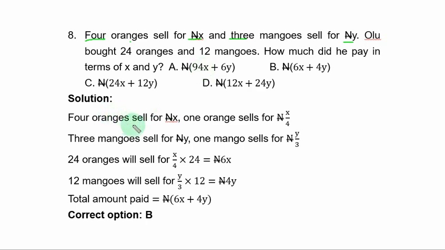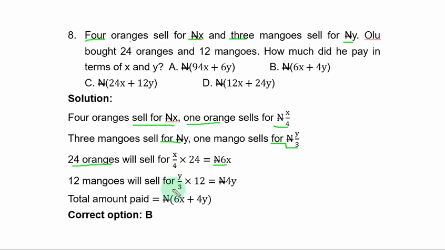4 oranges sell for S naira. 1 orange sells for S/4. That is correct. 3 mangoes sell for Y naira. 1 mango sells for Y/3 naira. What of 24 oranges? It becomes the selling price of 1 orange times 24. That is 6S naira. Then for 12 mangoes, you multiply the selling price of 1 by 12.